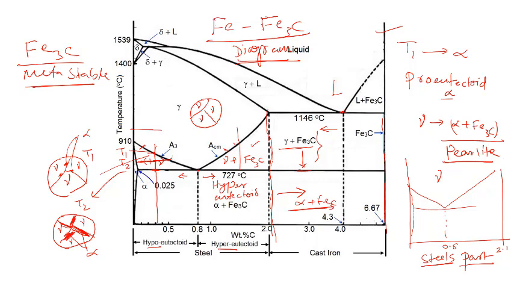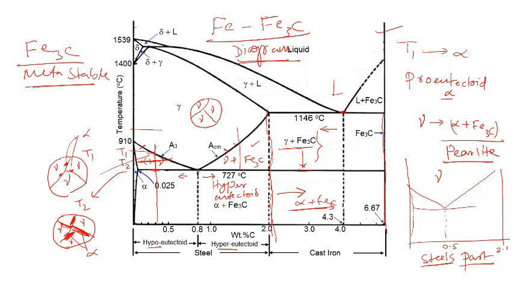But in steel, given the conditions and compositions that we have, this process of dissociation will take huge time. It will happen, but maybe it will take several years. That is why in steel you would not find free carbon in terms of graphite, right?